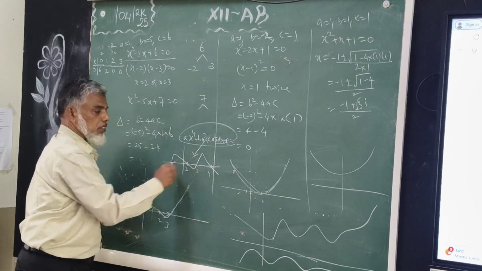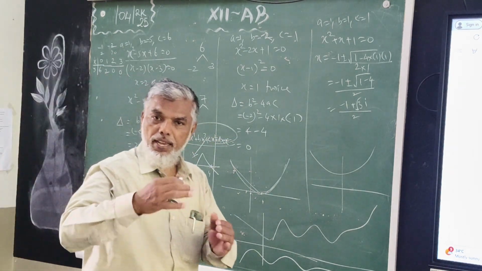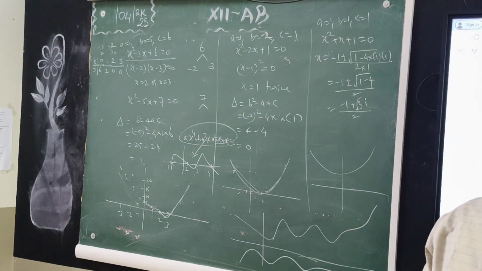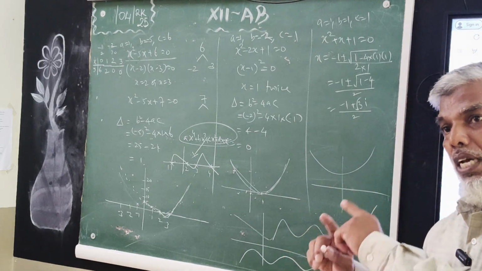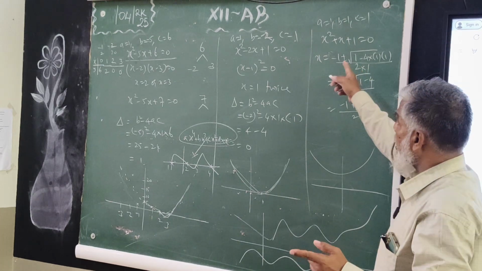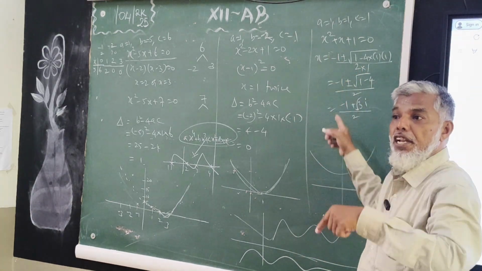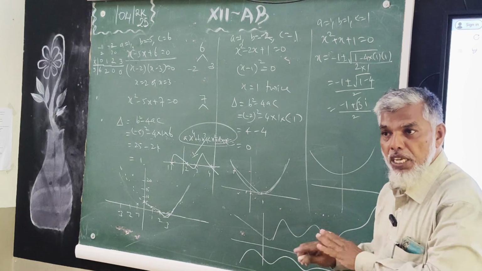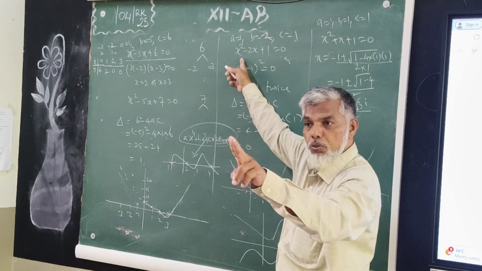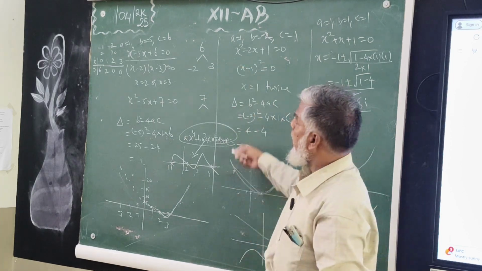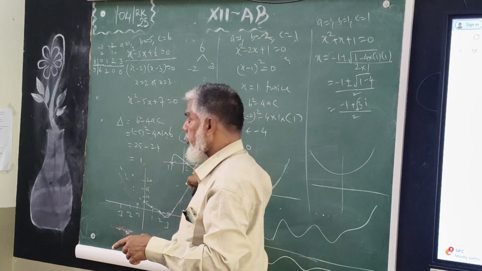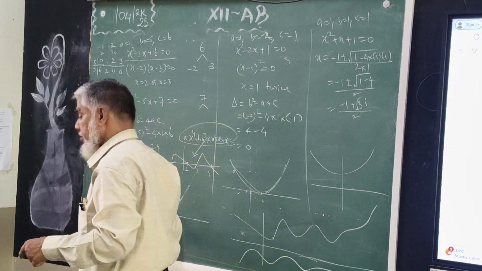Therefore, by looking at the graph, we can tell how many times it crosses the x-axis, which is the degree of the polynomial. Here, the degree is 2, but it never crosses the x-axis, so it has no root. Here, again the degree is 2, but it crosses only one time. Here, the degree is 2, but it crosses 2 times, at 2 and 3.